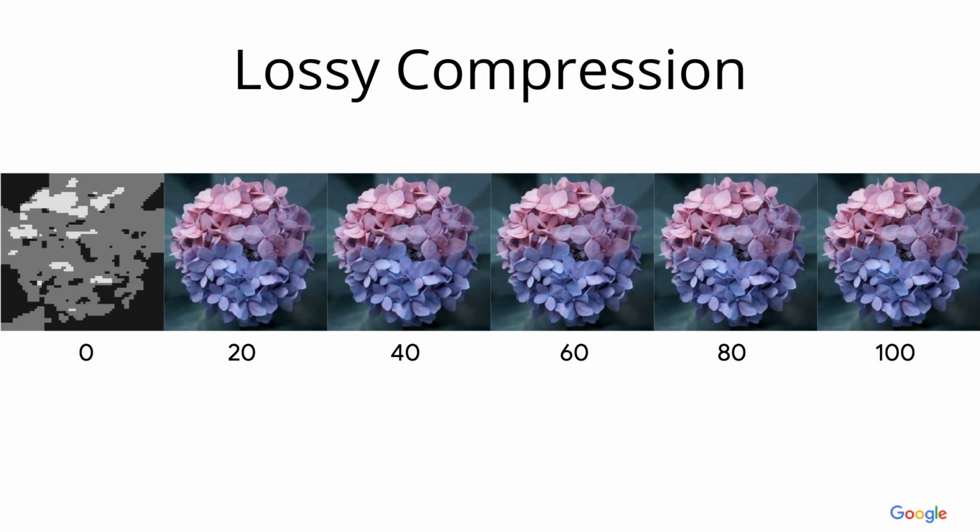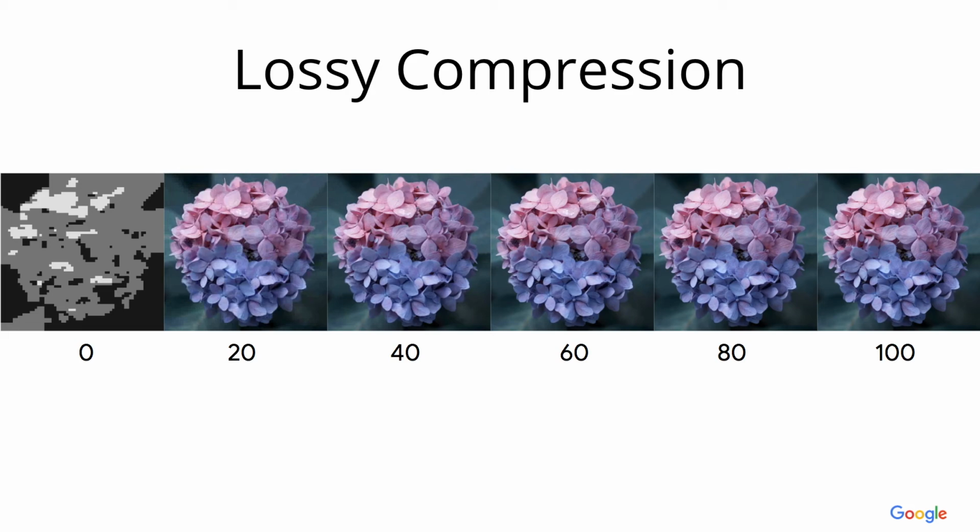As you can see, lossy compression goes between 0% and 100%. 100% is basically no compression. We can see that if we compare 100 to 80 or 100 to 60, the difference is very, very minor. You would have to really zoom in to see the differences.